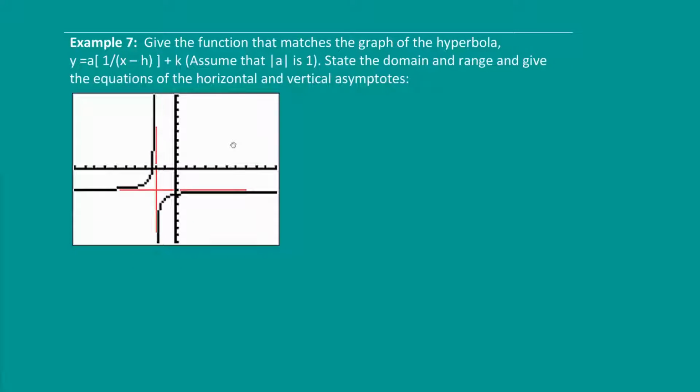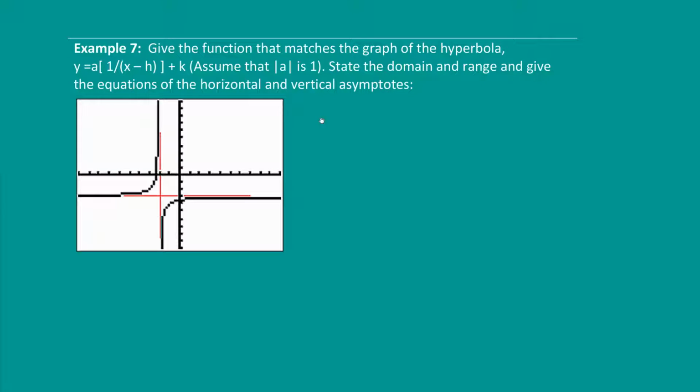Give the function that matches this hyperbola. State the domain and range and give the equations of the horizontal and vertical asymptotes. Okay, so our domain is our possible x values. And what are our possible x values? Well, this will continue on to the left forever, so we're going to have it go to -infinity. But we have a vertical asymptote at -2, so we can't have the point -2.